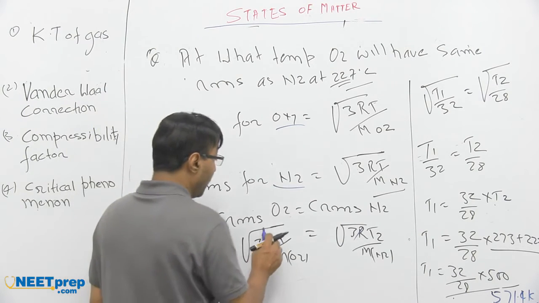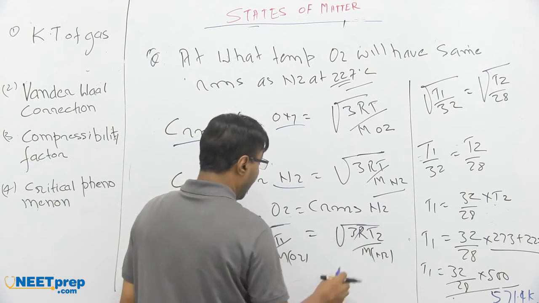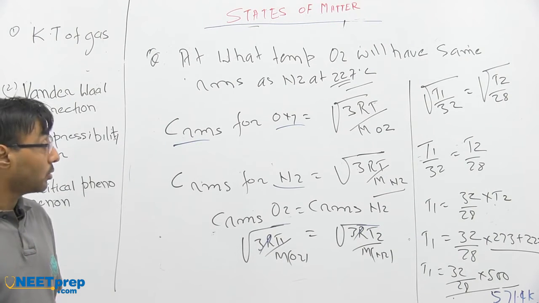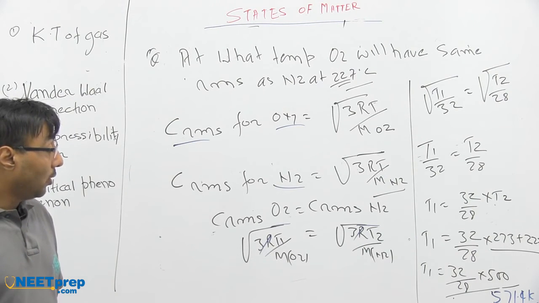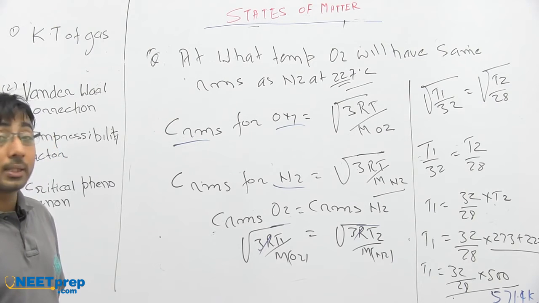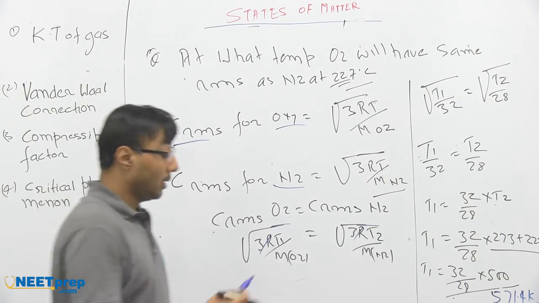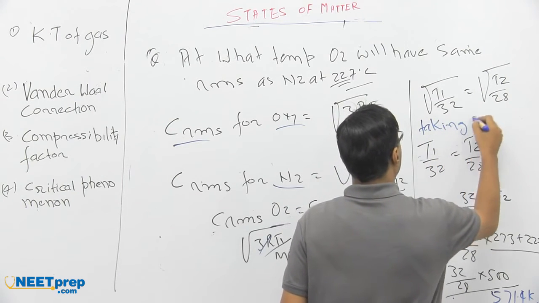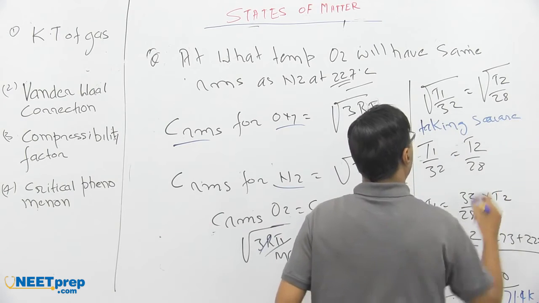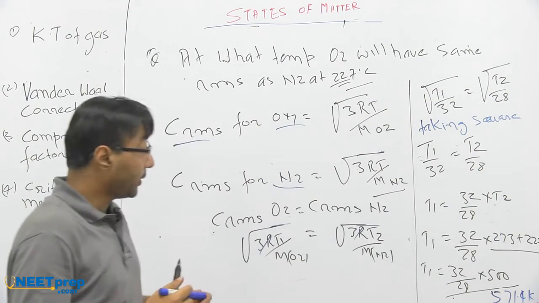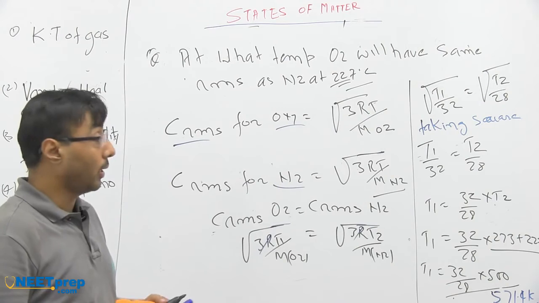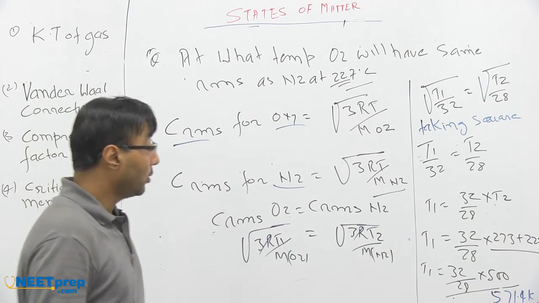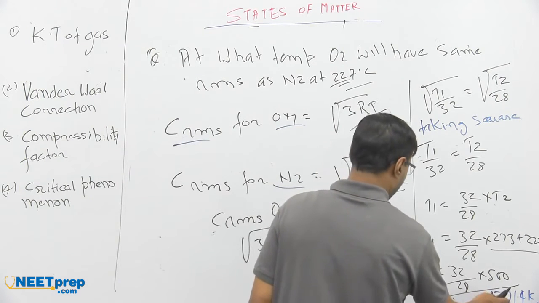So we wrote the formula and cancelled the common things. 3 and R are both constants, so we removed them. The final equation came: under root T1 by 32 is equal to under root T2 by 28. Taking the square on both sides, we got T1 by 32 is equal to T2 by 28. So T1 is equal to 32 by 28 into T2.